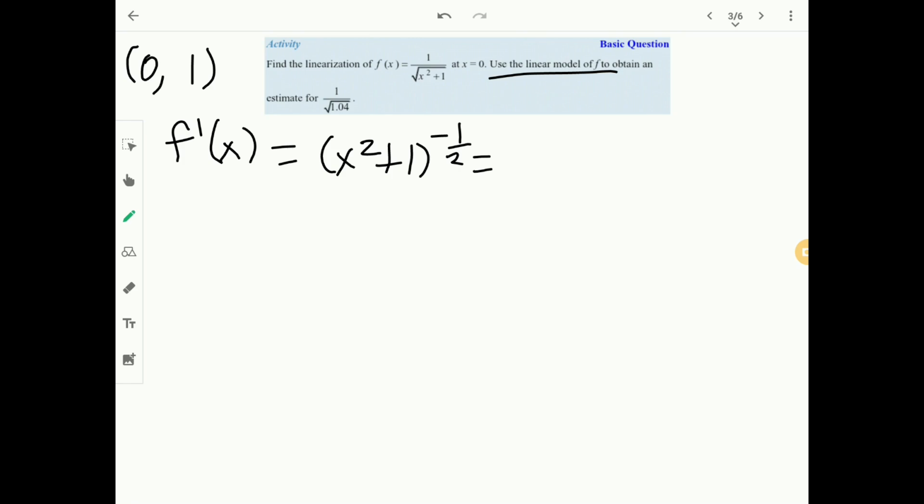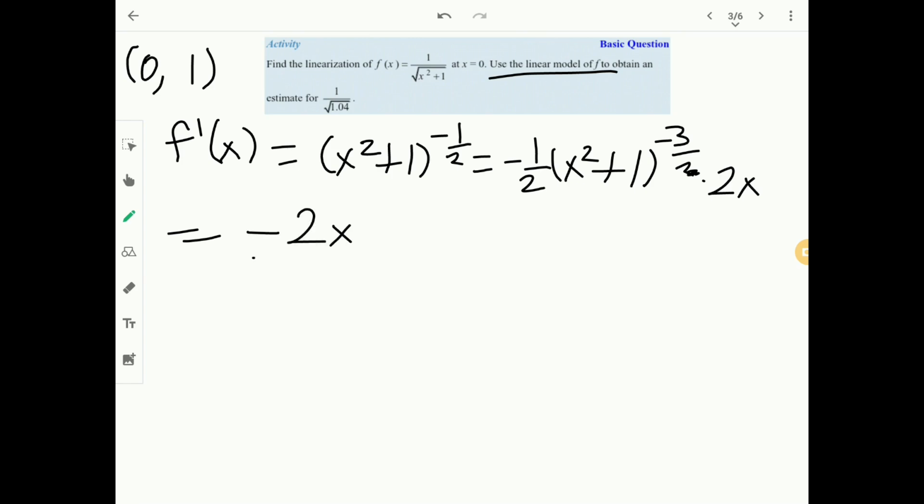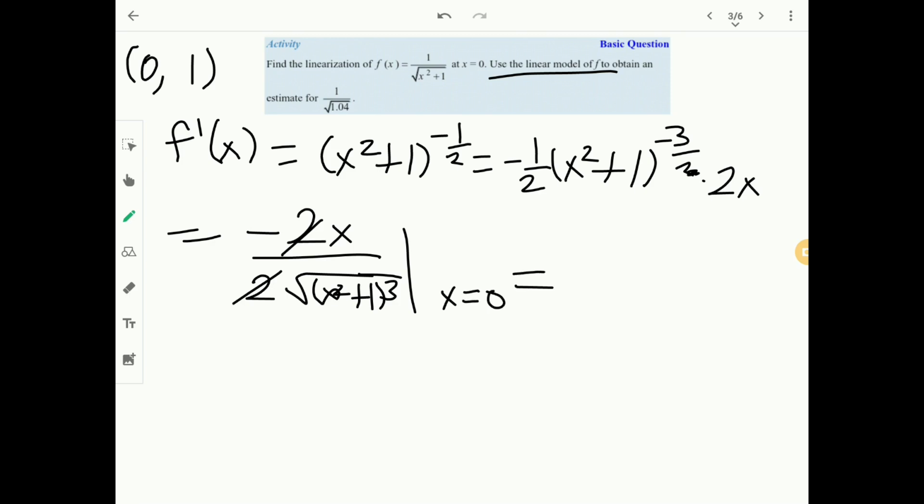Chain rule, it's minus half x squared plus 1 to the minus 3 over 2 times 2x. Well, this gives us minus 2x over 2 x squared plus 1 cubed. Cancel, and this is our derivative at x equals 0. Now you can see this is 0, so our slope is 0.